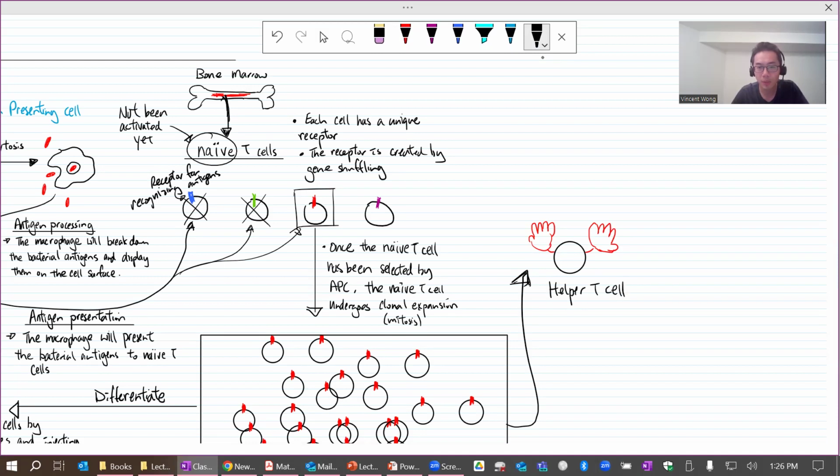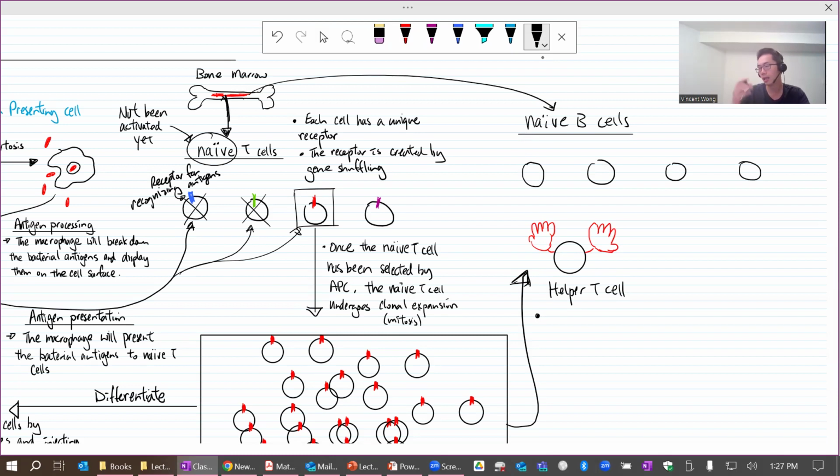Okay, and what does helper T cell do? Well, coming out of the bone marrow, the naive T cell is not the only thing. We also have naive B cells. And similar to naive T cells, the naive B cells have unique, in this case, antibodies.